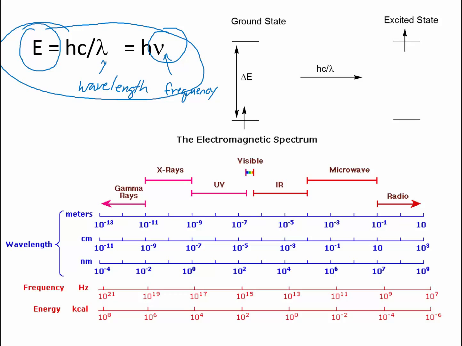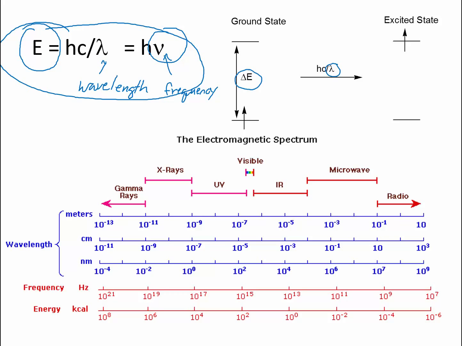If you hit it with exactly the right amount of energy that corresponds to the difference between this ground state and the next available excited state, you can make it go from the ground state configuration to an excited state configuration. The amount of energy required has to match the wavelength of the electromagnetic radiation.